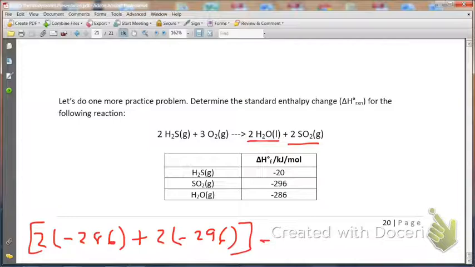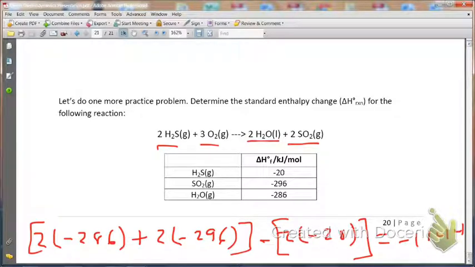Now we're going to subtract that from our reactants. So we have 2 moles of H2S at negative 20 kilojoules per mole. And then oxygen is in the elemental state, so it's 0. So we don't need to worry about that one. And so when we do the math here, this should give us a delta H of negative 1144 kilojoules of energy.